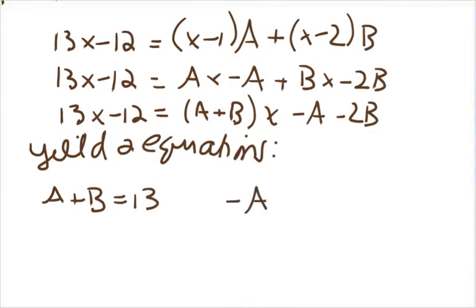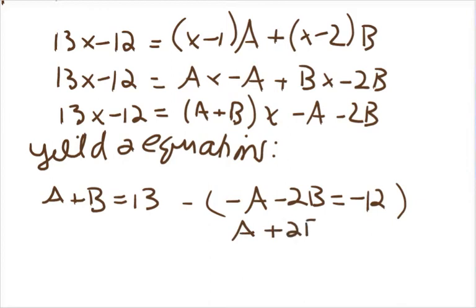And it's going to yield minus A minus 2B equals minus 12. Okay, so I'm going to multiply this whole thing through by negative 1. And you're left with A plus 2B equals 12.